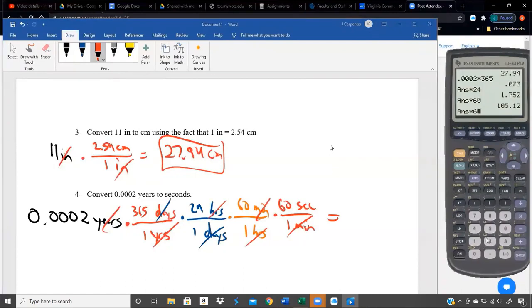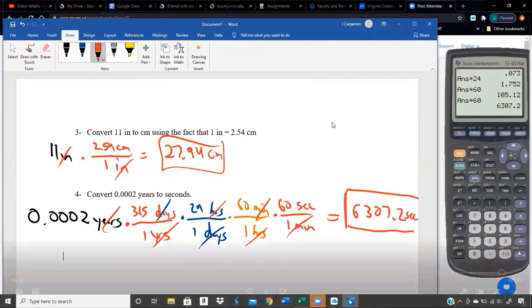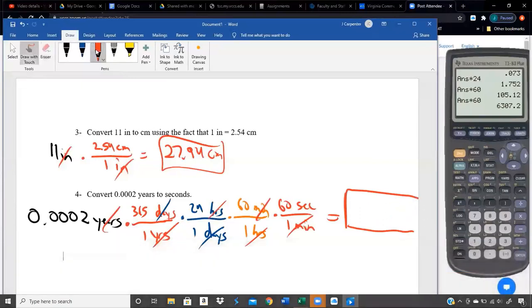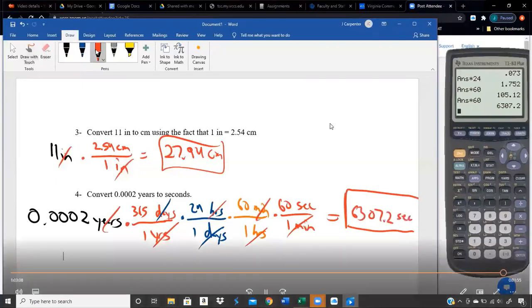Or if you multiply by 60 again, that'll get you to seconds. And it's 6,307.2 seconds. I want to write that just a little better. The seconds kind of got squished in. 6,307.2 seconds.